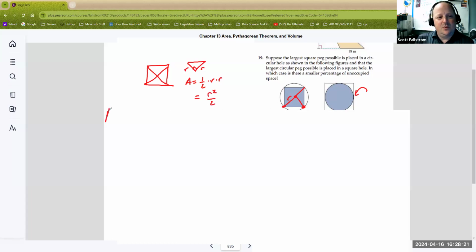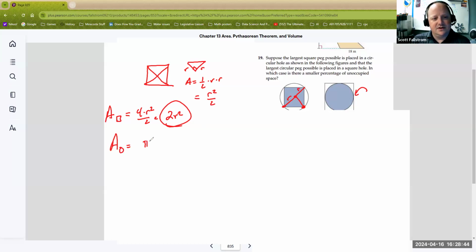So the area of the square is equal to 4 times r squared over 2, which is 2r squared. Okay, that's the area of the square. Now the area of the circle, well, the radius is right here. It's the radius of the circle, so the area of the circle is pi r squared.